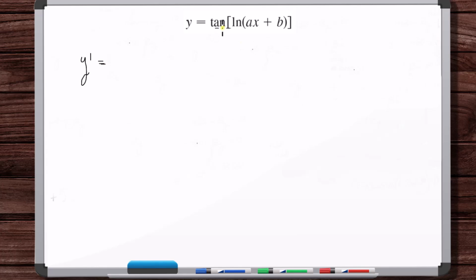The derivative of the tangent of something is equal to what? It's secant squared of that something times the derivative of that something. What is the derivative of the natural log of something? It's 1 over that something times the derivative of that something.